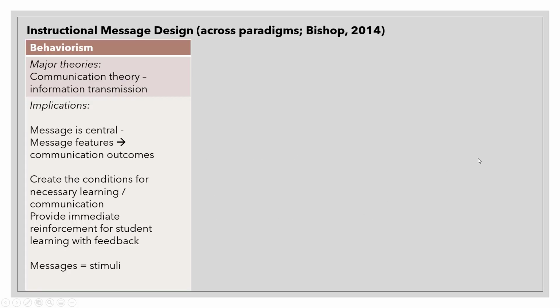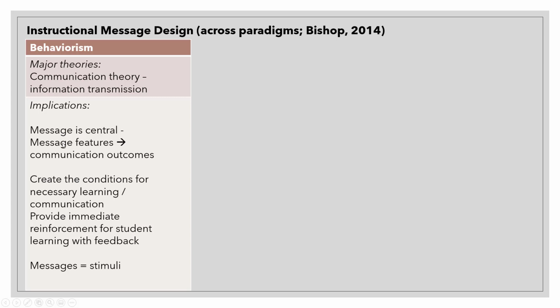All right, let's look at behaviorism. Some of the major theories from behaviorism related to instructional message design in particular are communication theory, or in particular information transmission. The implications of this theory is that the message is central.